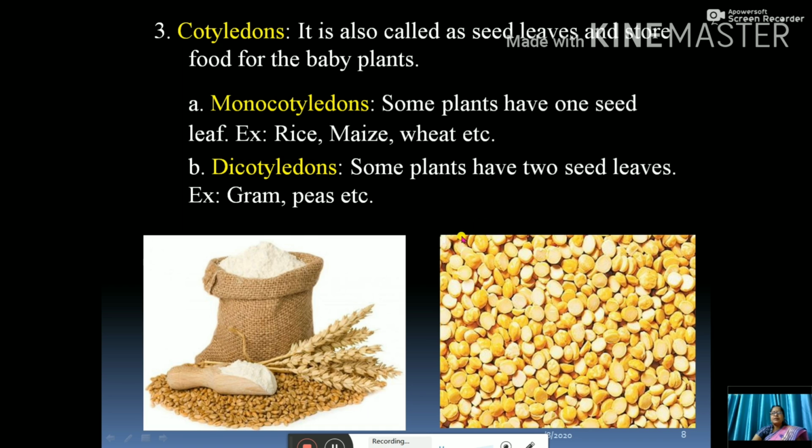You see here I have given the picture of gram seed. They are dicotyledons, and this is the picture of wheat, that is monocotyledons. So clear to all of you? You can write the differences and more examples, and also draw the pictures of these monocots and dicots. Very clear.